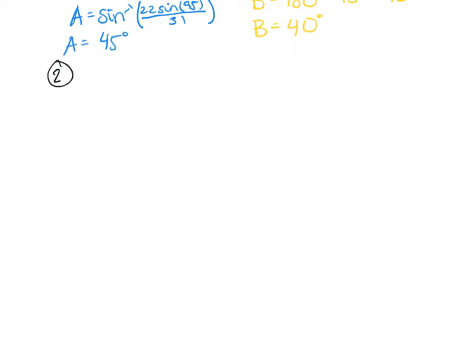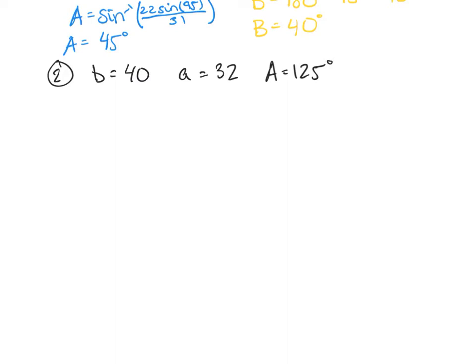Problem number 2 tells us that side length B was 40, side length A was 32, and angle A was 125 degrees. Now I knew that the first 2 were side lengths because those were both lowercase, and my angle, which has a degree sign, is uppercase. So make sure that you're looking out for that.